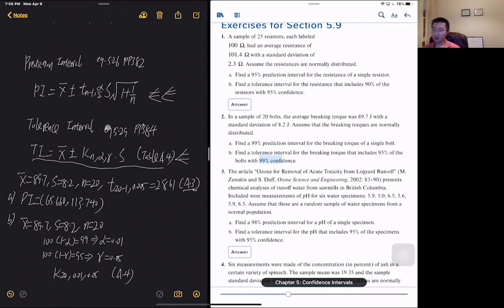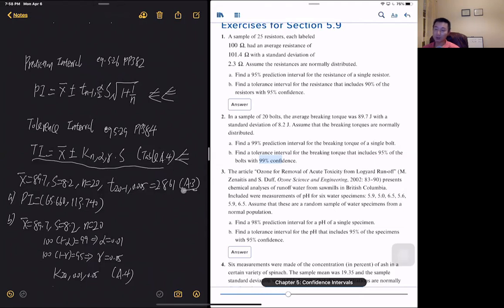Let's look at question A. Based on the question, the sample mean is 89.7, standard deviation 8.2, and sample size is 20. For the t-value, 20 minus 1 is the degree of freedom, and for the 99% prediction interval, half alpha is 0.005.